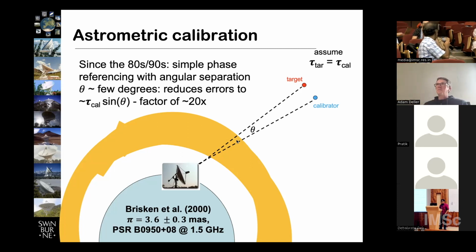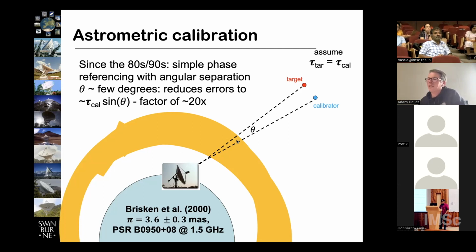Yeah. So, for my sins, I was involved with writing some of the original use cases for the SKA pulsar timing VLBI backend as applied to pulsar VLBI. So, if it wasn't good enough, I've only got myself to blame.